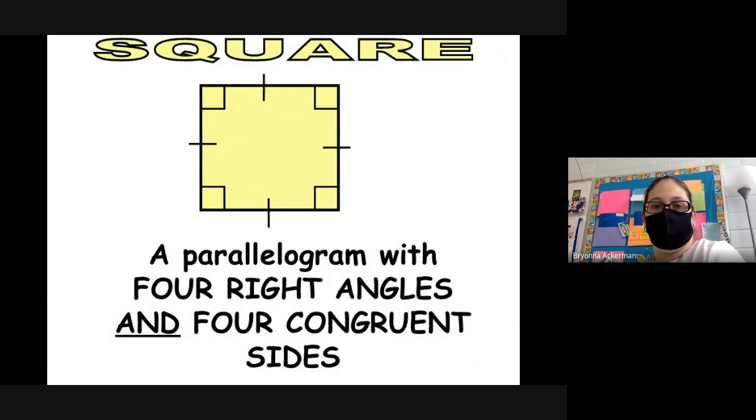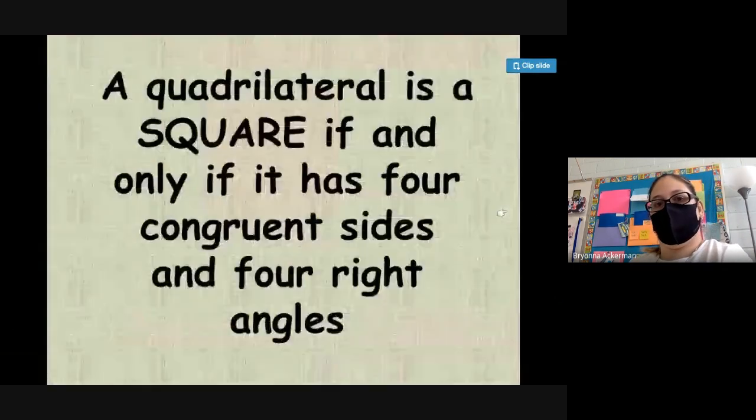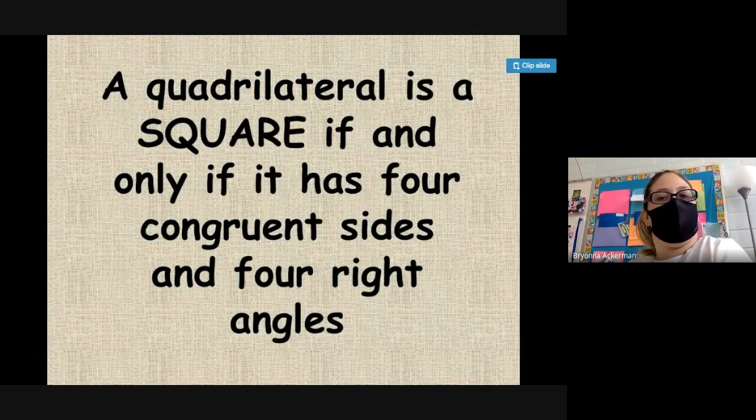So if we wanted to look at this as a family tree, the rhombus and the rectangle are the parents and the square is the child because it has pieces of both. That's how I always remembered it. Okay. So in order for a quadrilateral to be a square, it has to have 4 congruent sides and 4 right angles.